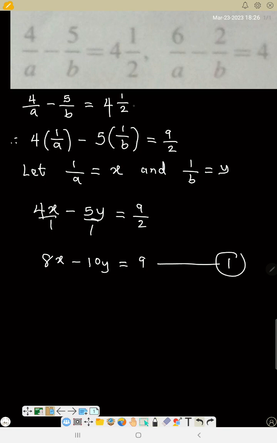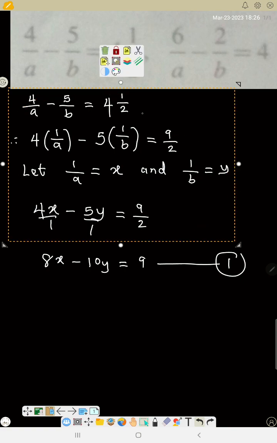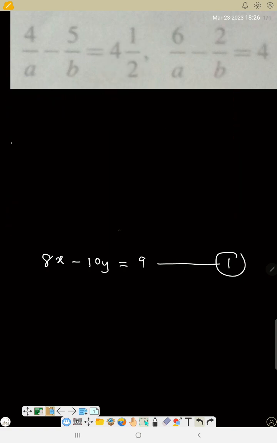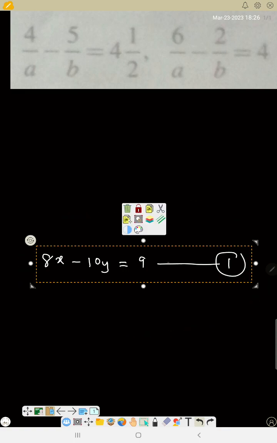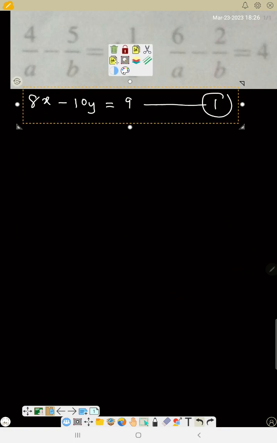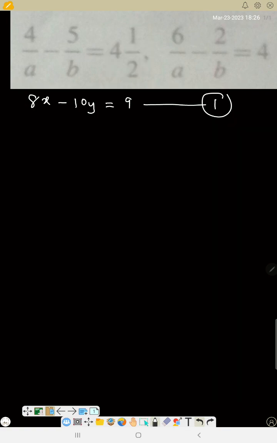So I'll do the same thing for this second equation here. So now for the second equation, 6 over a minus 2 over b is equals to 4.